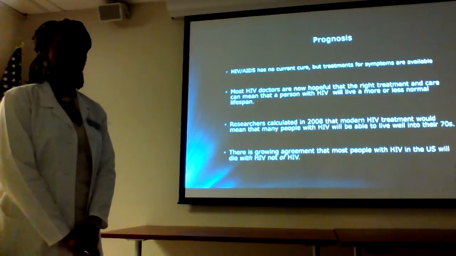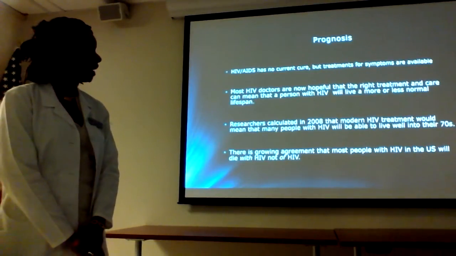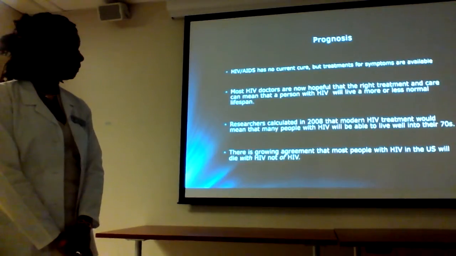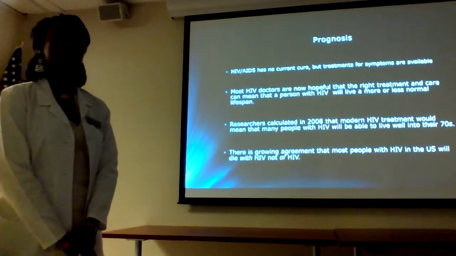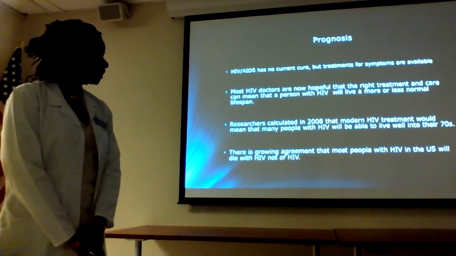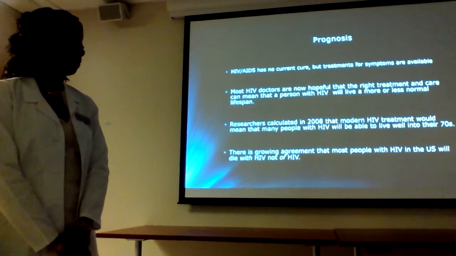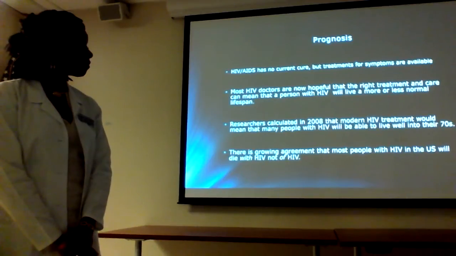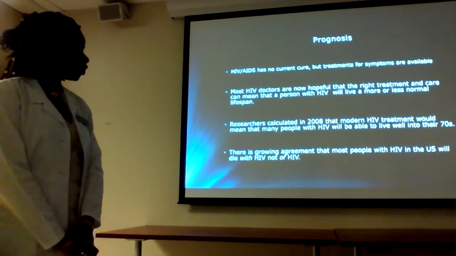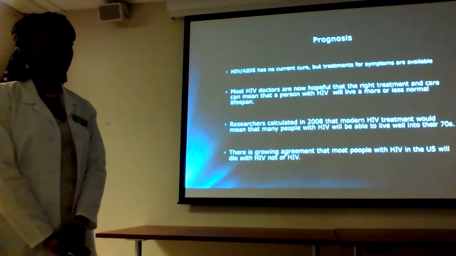Researchers calculated in 2008 that modern HIV treatment would mean that people with HIV would live well into their 70s. There is a growing agreement that most people with HIV in the United States will not die from the HIV virus.